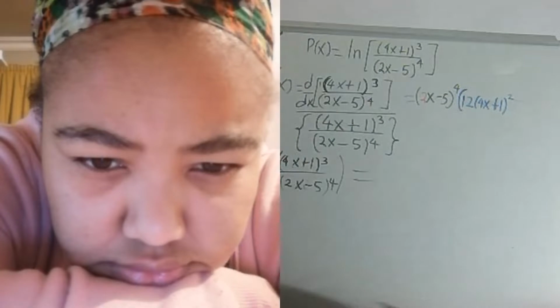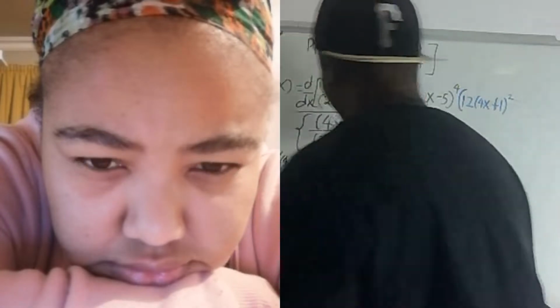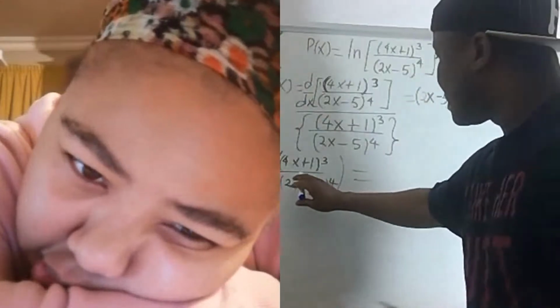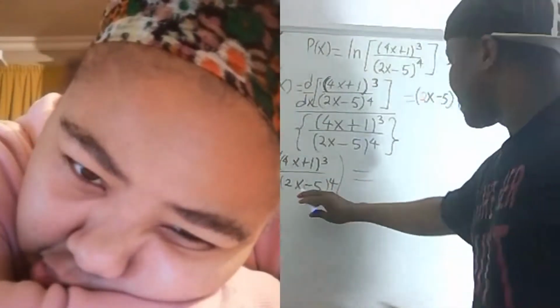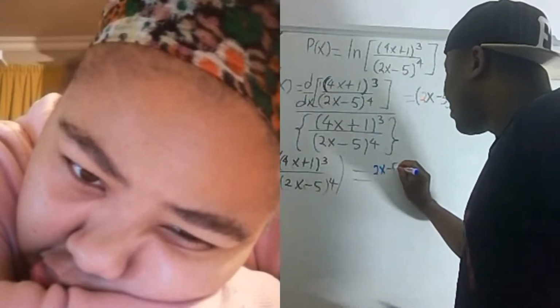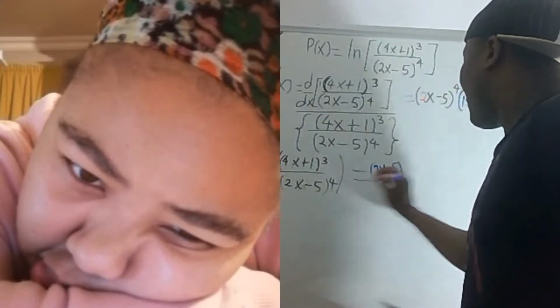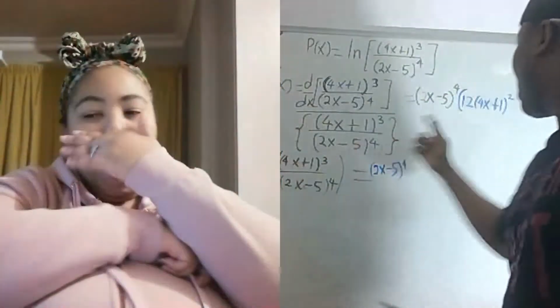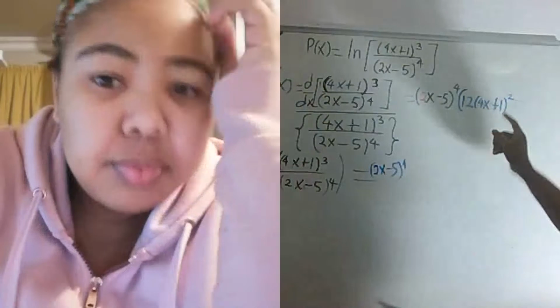So now we're going to say denominator constant. What is that denominator? (2x minus 5) power 4. So when you differentiate that, we get 12 (4x plus 1).